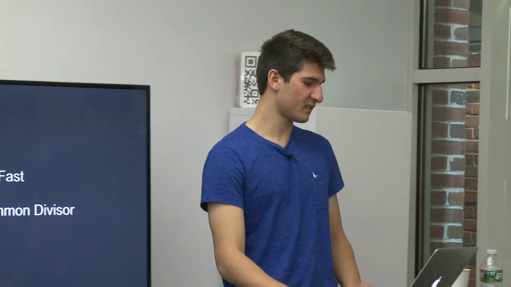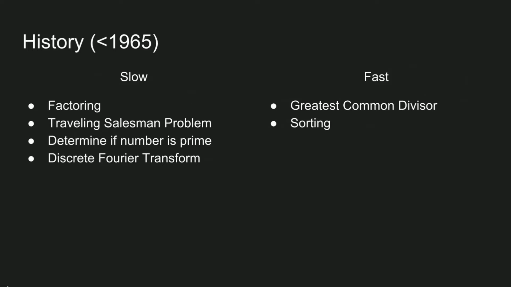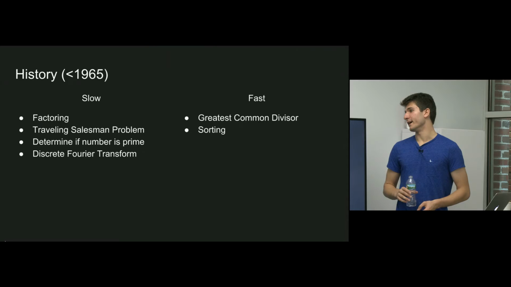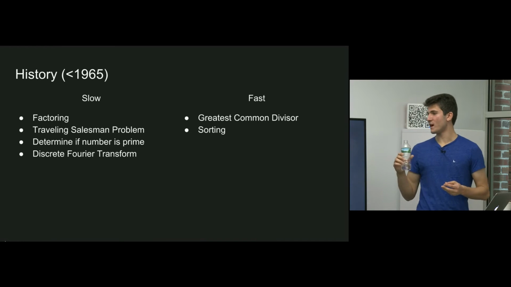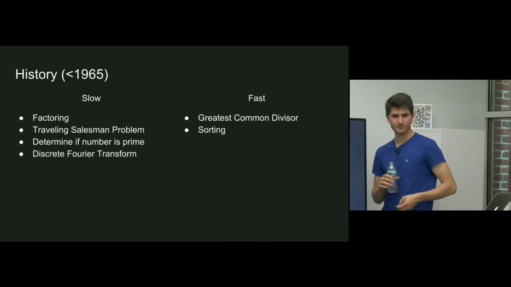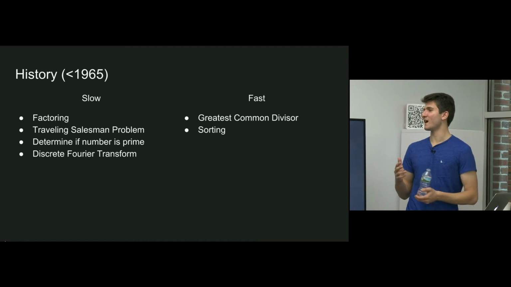This problem in particular has a long history. Back in the mid-1960s, when computers were still the size of cabinets and small houses, people were trying to find algorithms to solve basically all the world's problems, like factoring, the traveling salesman problem, and determining if a number is prime. But for some problems they had only slow algorithms.